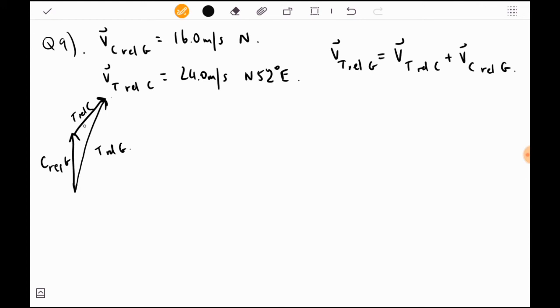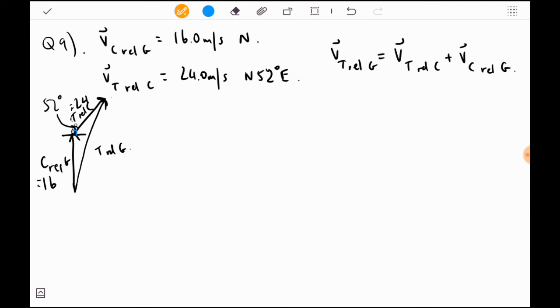Okay, so first of all, let's write down what we know in this diagram. So that's 16. This is 24. And now this little angle here is 52 degrees, which if we now remember some fancy angle tricks, if I draw a line through here, then we know that this, between north and east, this angle here, which I'm going to draw in blue, is 90 degrees.